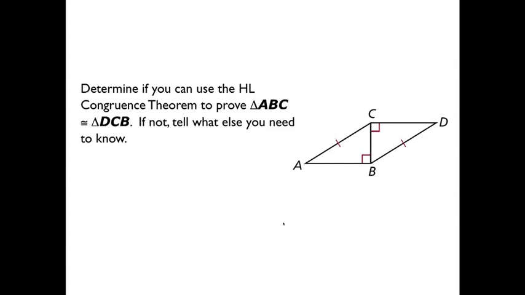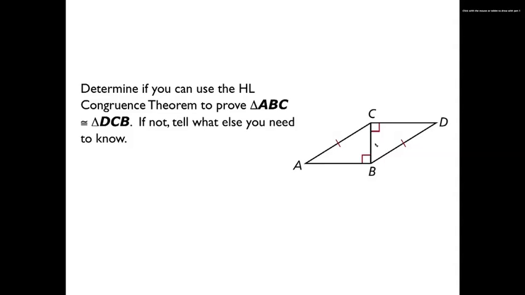Here we want to know if we can use the hypotenuse leg congruence to prove that the triangle on the left is congruent with the triangle on the right. We've already got that they're two right triangles because we see the right angle in each. And we see the side opposite the right angle is congruent, and those are the hypotenuses. So once again, if I had a shared side or a corresponding set of sides other than the hypotenuse that are congruent, I can use hypotenuse leg.